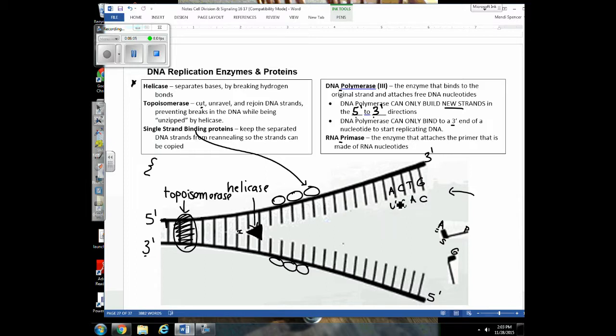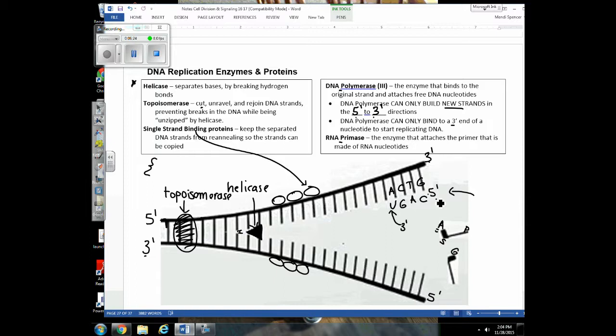Now right here, we're going to have a 3' end of a nucleotide. Because remember, down here on the end of this nucleotide would be that 5' end, because we always have a 3' to a 5' on a strand of a DNA molecule. So now we have that 3' end, and DNA polymerase can hook on.